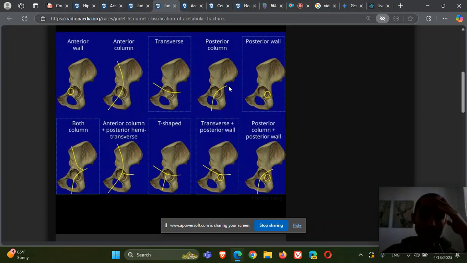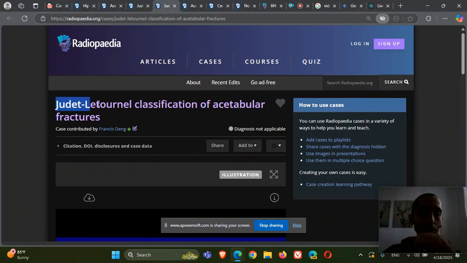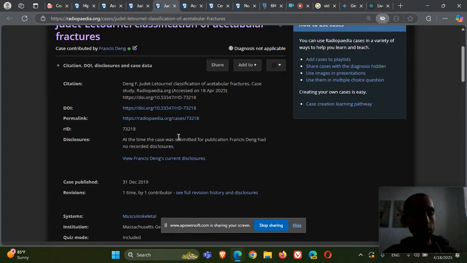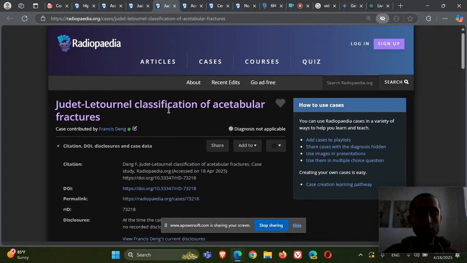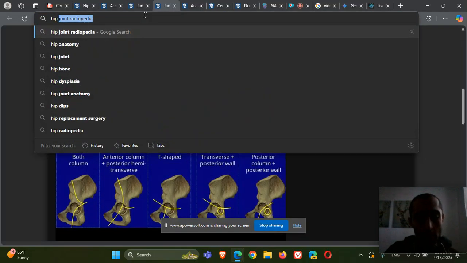So there are the 5 elementary fractures and there are the 5 combined or associated fractures of the acetabulum. This is the main thing that I'm going to talk about regarding acetabular fractures. Remember that the classification is the Judet-Letournel classification of the acetabular fractures. Great. Now, from the acetabulum, we are going to go to hip fractures. So let's go to hip fractures.